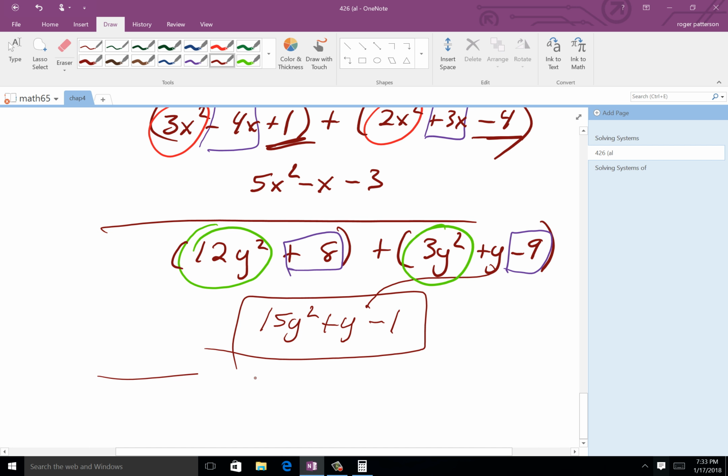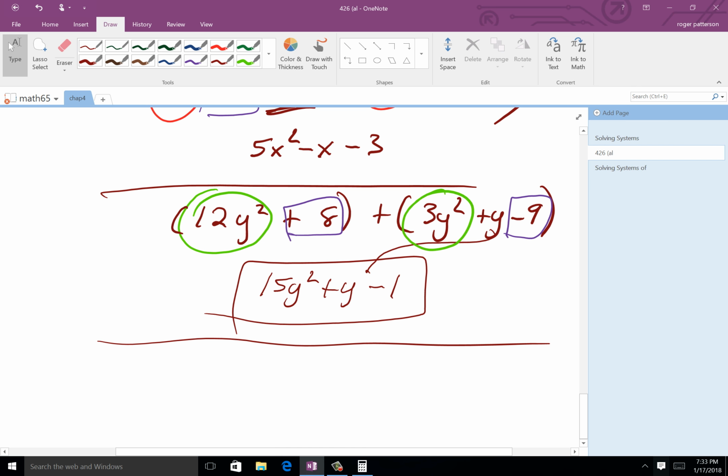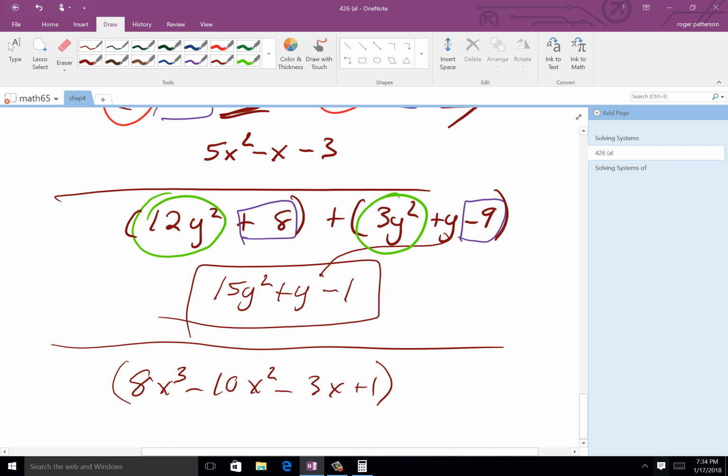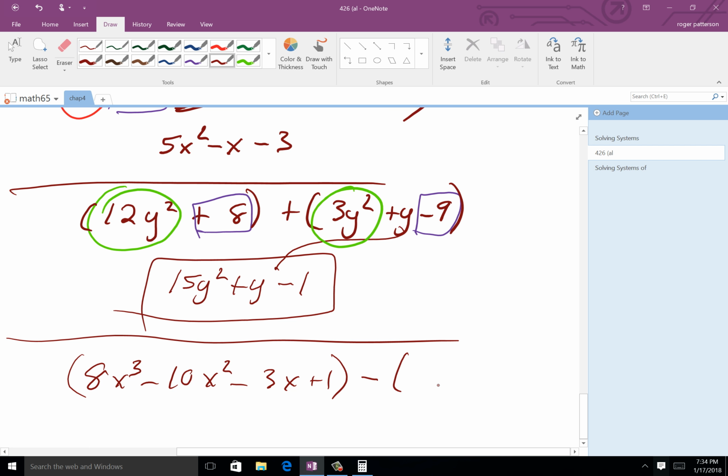Here we'll do a subtraction one. 8x cubed minus 10x squared minus 3x plus 1. Now I just put these in parentheses to separate them out, and then 5x squared minus 2x minus 3.